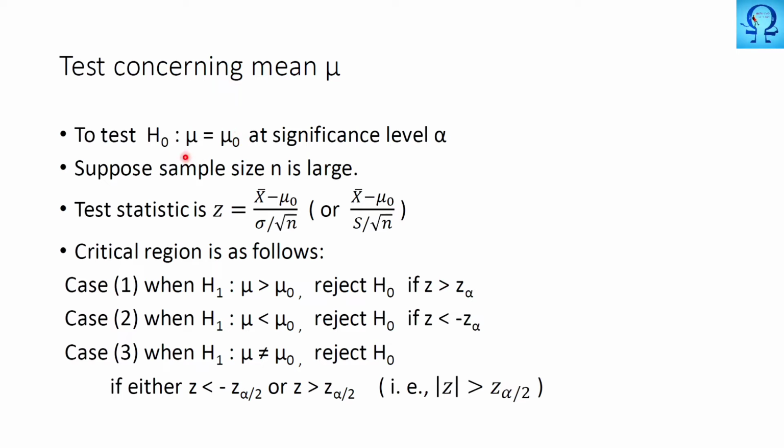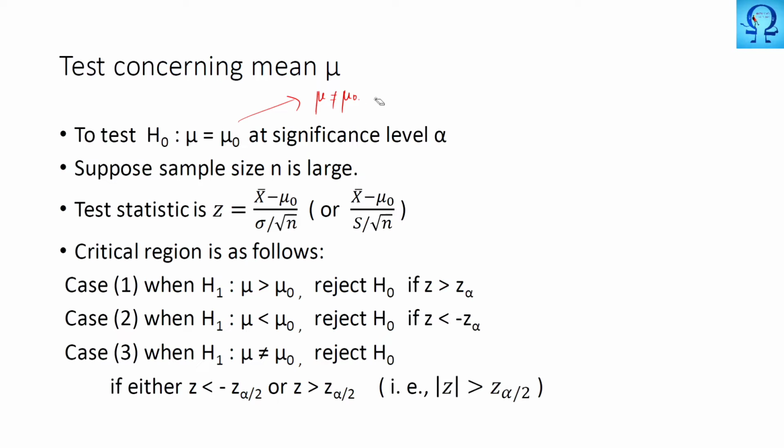Our null hypothesis is simply mu equals mu naught, but we are not sure what our alternate hypothesis is. We can simply say mu is not equal to mu naught, but we may have our own alternate hypothesis.